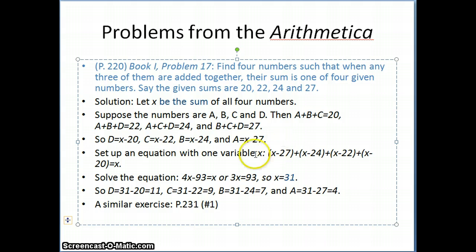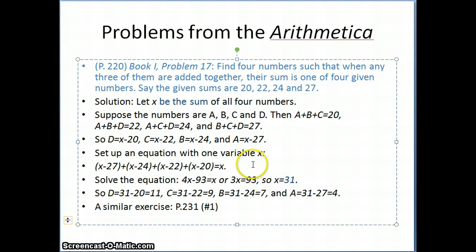And next we're going to set up an equation to solve for x, because we cannot stop here. We don't know what x is, and we need to find those numbers a, b, c, d. We add these four numbers a, b, c, d, and we should get the sum of these four numbers, that is also x. This equation comes from the definition of what a sum is.